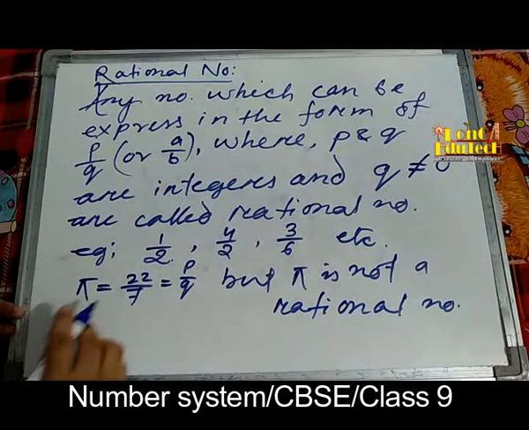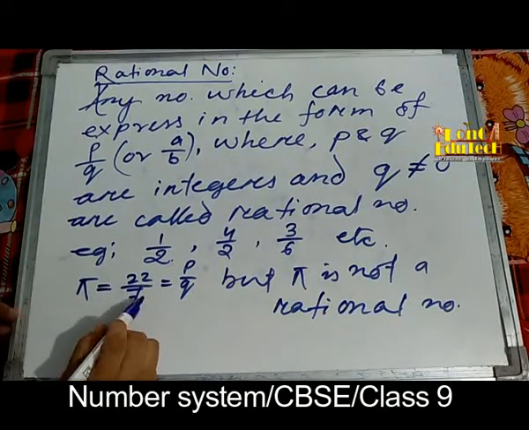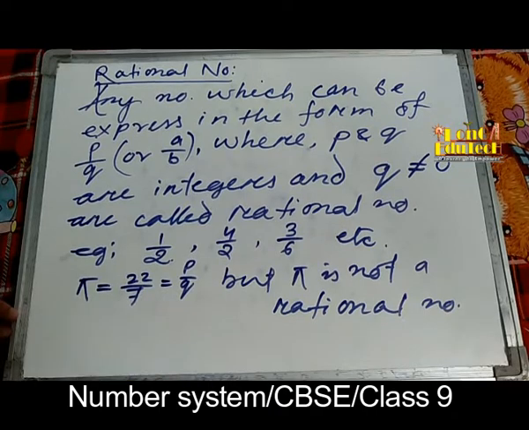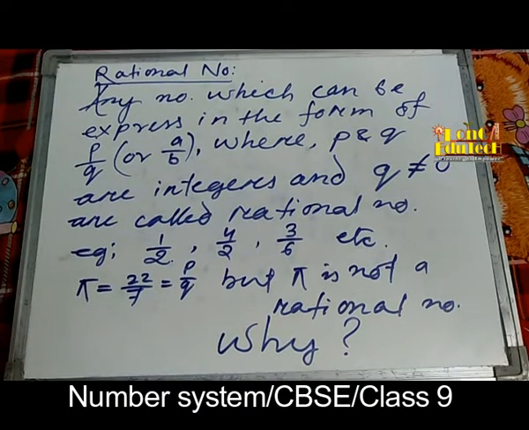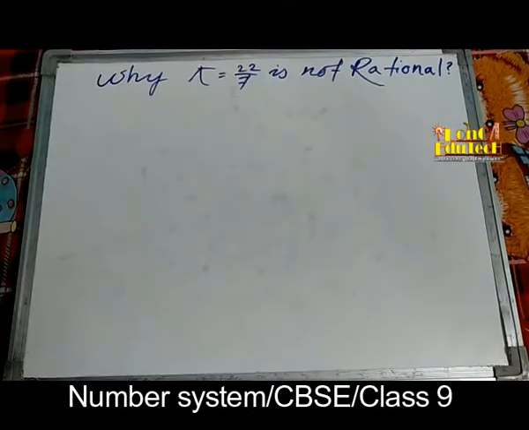The value of pi is 22 by 7, which is in the form of P by Q, but pi is not a rational number. Why? Can you say why? So this we will discuss now.